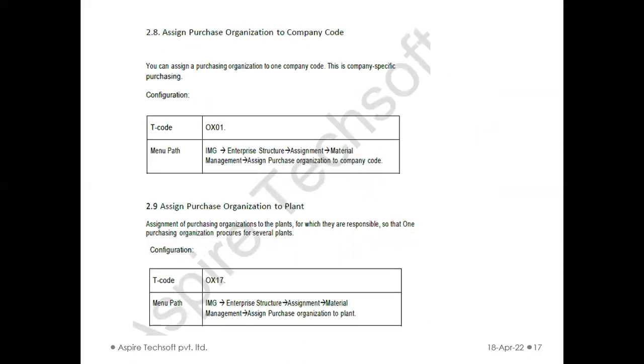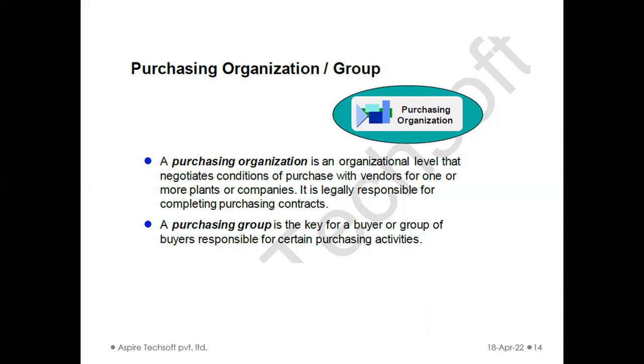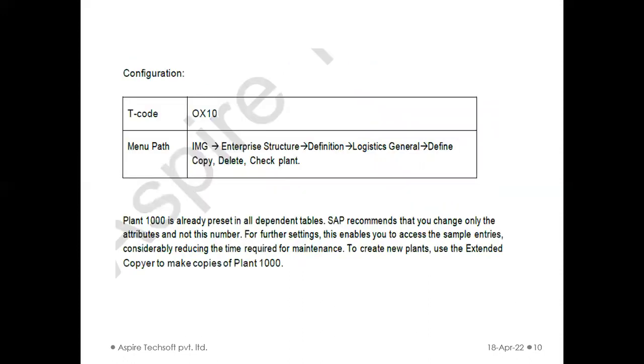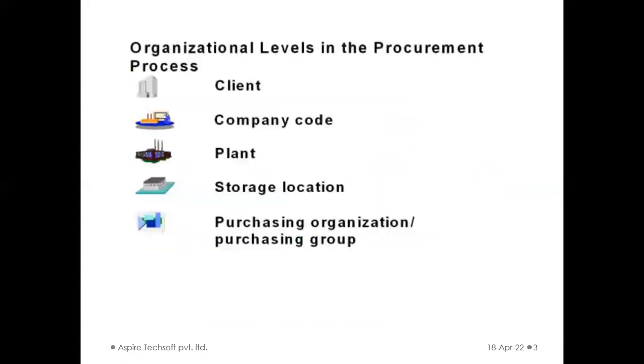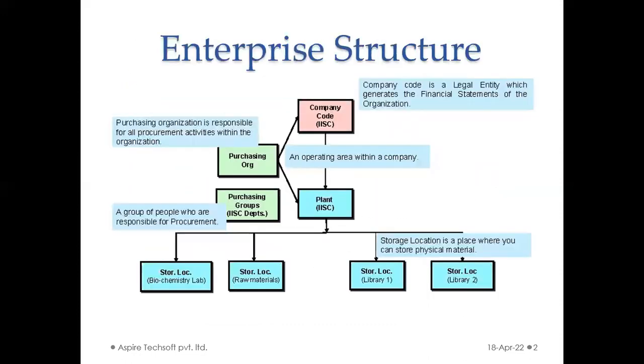Coming to the next point, that is the purchasing group. The purchasing group is a group of people who are responsible for procurement, or it can be defined as an organizational unit which is responsible for everyday procurement activities within an organization.